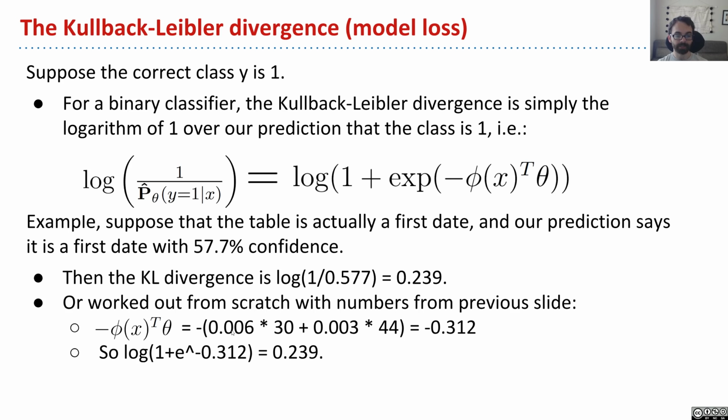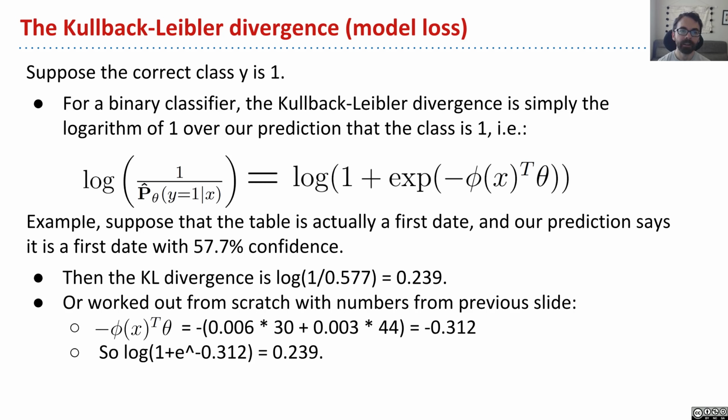We could plug in the actual numbers again. So if you want to work it out from scratch, just using the dot product itself, here's the math. You again compute the value of 0.312, and the log of 1 plus e to the minus 0.312 is 0.239. And you can think of this as a loss, and again, this value can vary anywhere between 0 and infinity for a single data point.